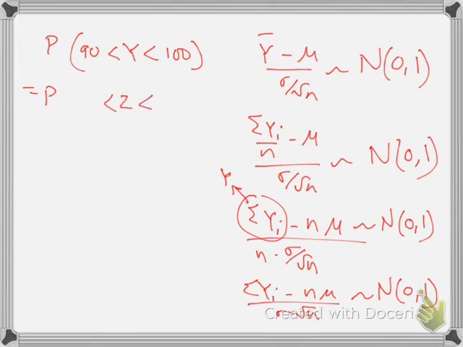It would be the probability that Z is between 90 minus n mu, that is 50 times mu, which is 2, divided by sigma, which is 1, square root of n.